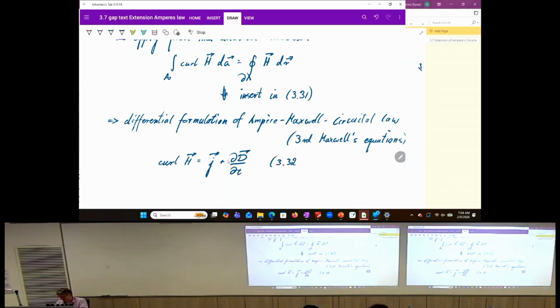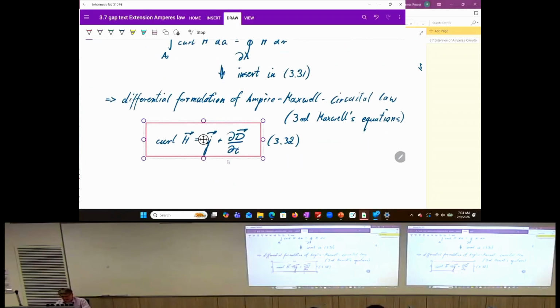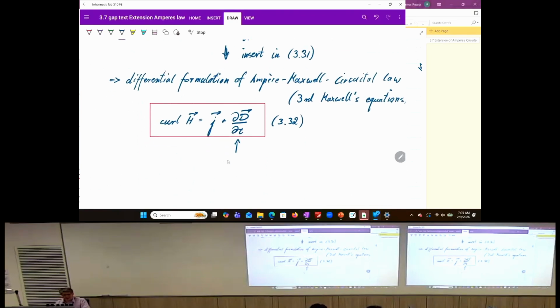This is equation 3.32. If you look now at the D and the H that you have here, you obtain a coupling between E and D, that is by the constitutive relations, which you know already.